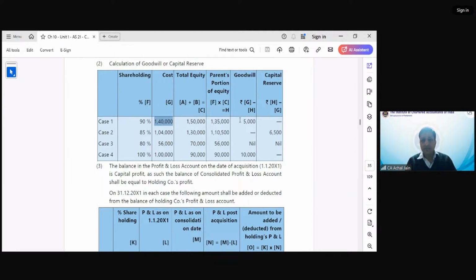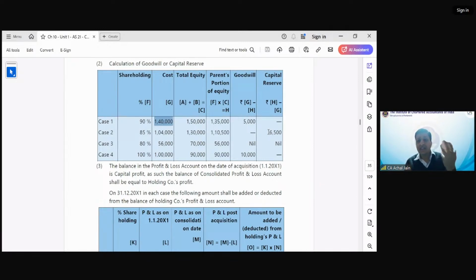Goodwill. Case 2, you get capital reserve. Why should there be a capital reserve? Whenever the purchase consideration is lower than the amount of net assets, you'll have a capital reserve. In case 3, purchase consideration is equivalent to the amount of net assets. So we'll not have any goodwill or capital reserve.